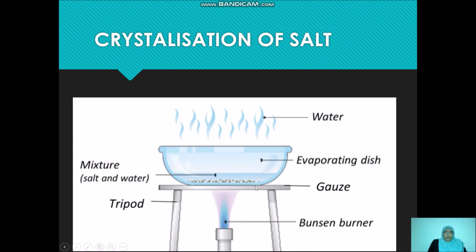Then the water will evaporate and the salt will crystallize and become salt crystals. This is the crystallization of salt. Okay, students, you have already studied a lot of explanation here. Thank you.